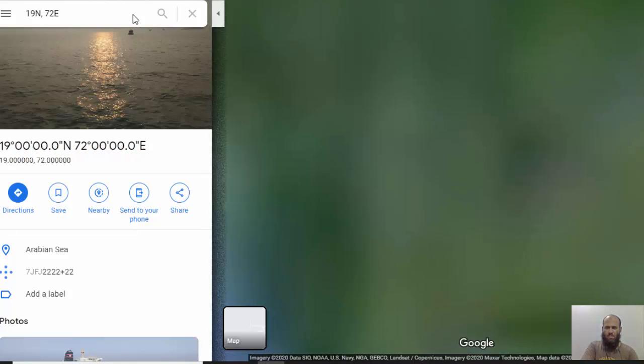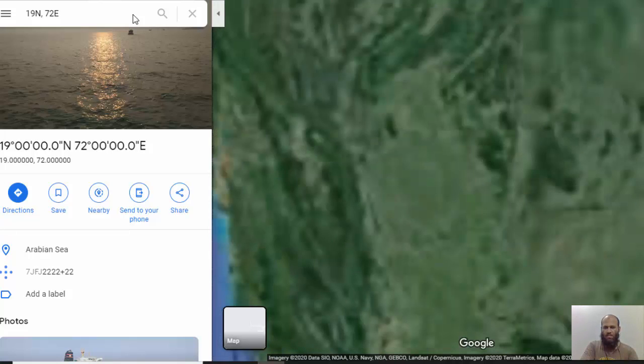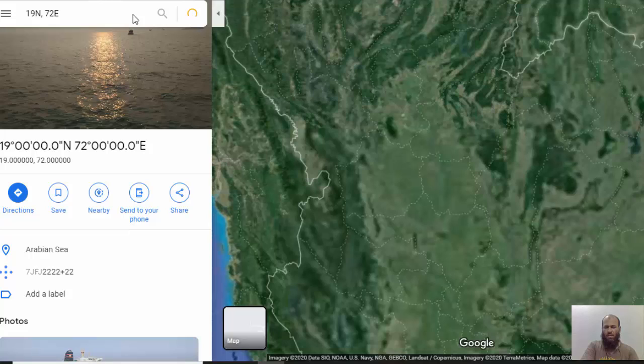We're going deep into it. So that's our location in Maharashtra.